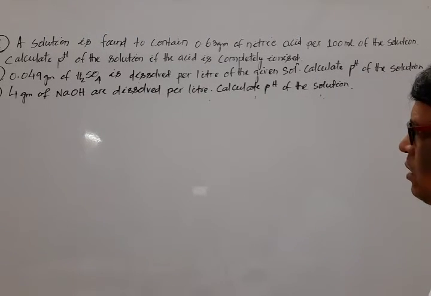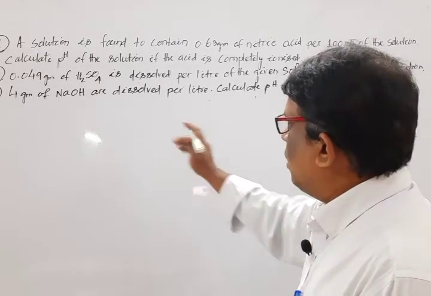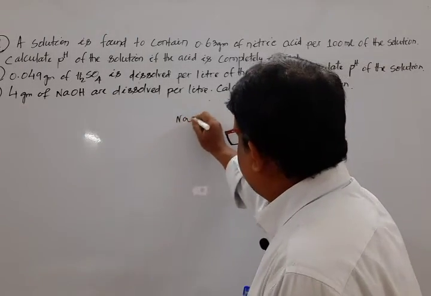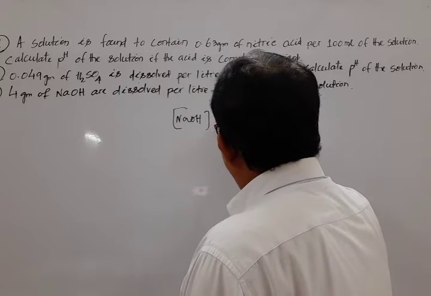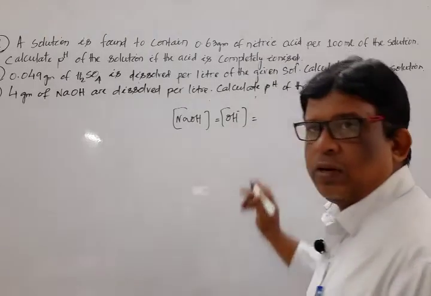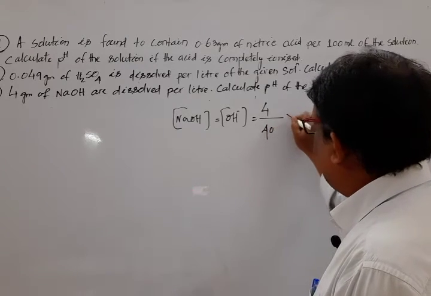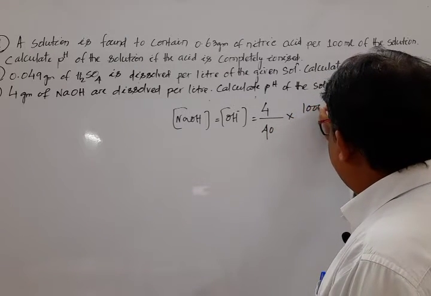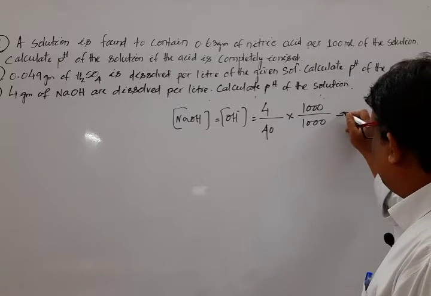Calculate pH of the solution. So first observe that sodium hydroxide concentration is equal to OH minus ion concentration, which is equal to, what is the weight given? 4 gram divided by molecular mass 40 into 1000 by 1000, which is equal to 10 to the power minus 1 M.